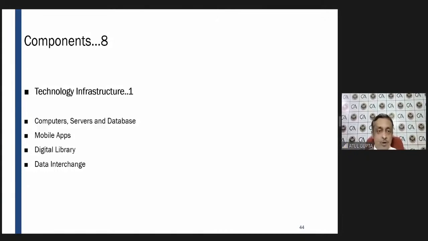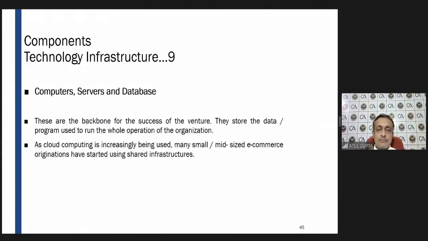Very, very, very important. Computer servers and databases are backbones. Now, a word has been used, cloud computing, which is part of our discussion in this chapter itself. So keep it pending as we go ahead. I'll be talking about cloud computing. It's basically sharing of resources. So computer server and database are the backbone of e-commerce.